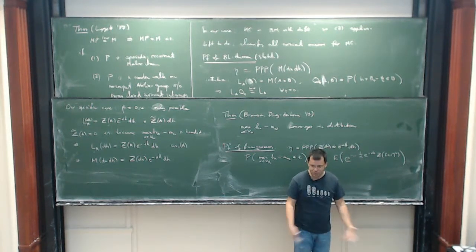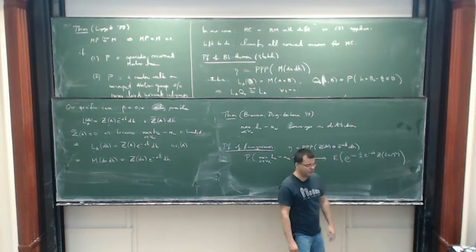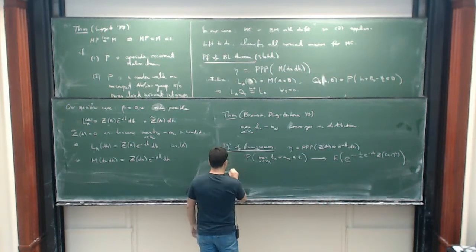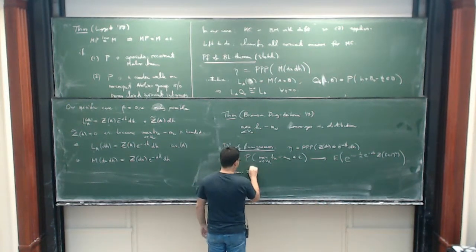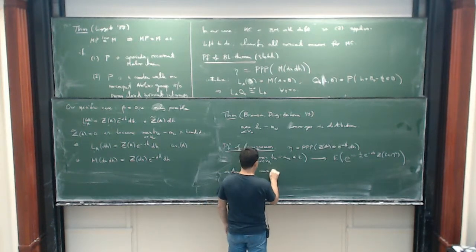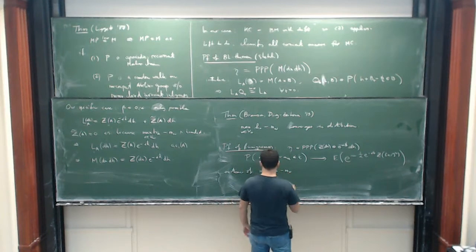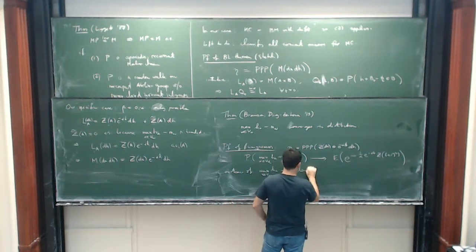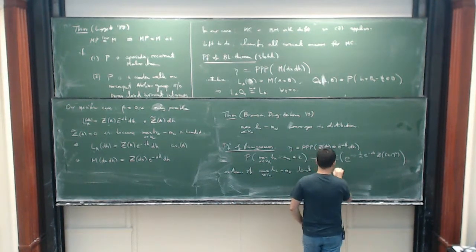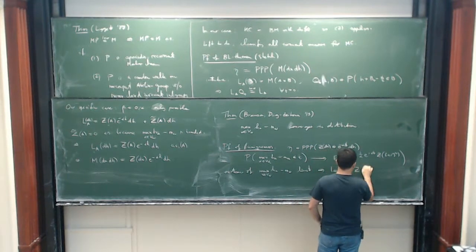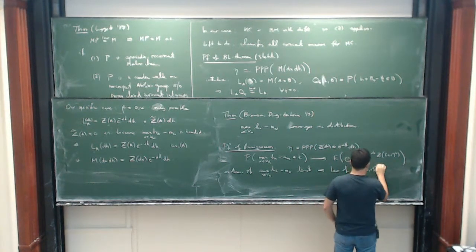But that determines the law of z uniquely. So existence implies that the law of z of the 0, 1 square is unique.